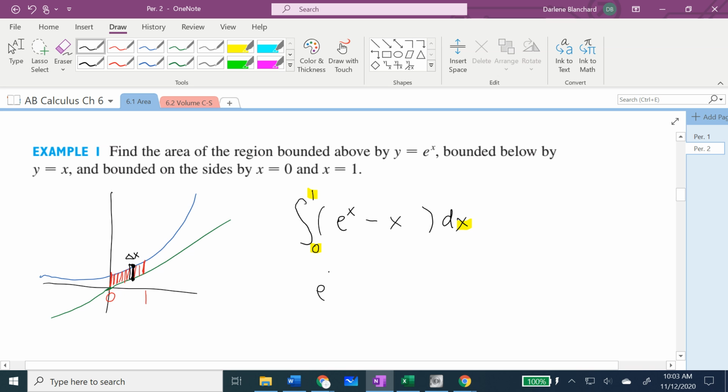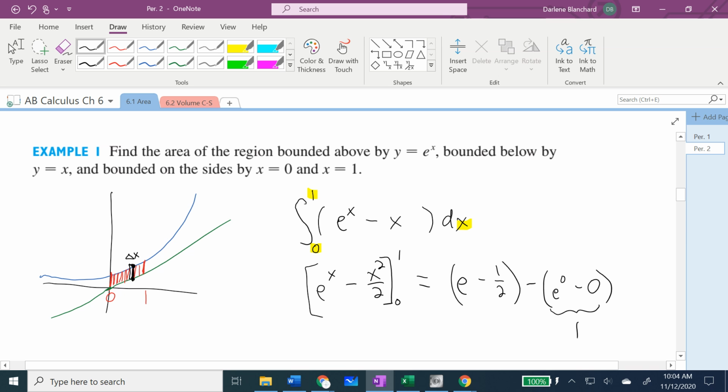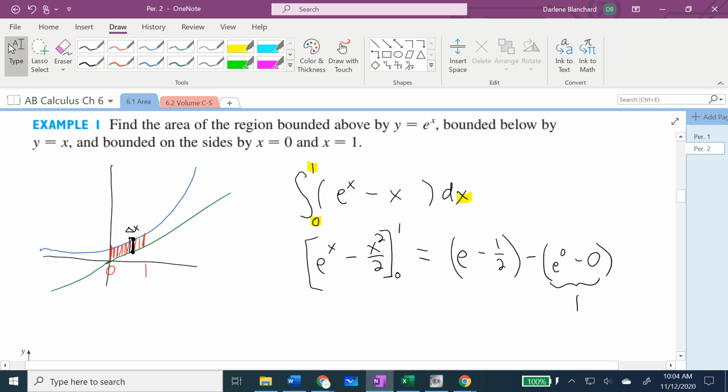So integrate e to the x, integrate x, plug in 1, plug in 0. e to the 0 is 1, so we end up getting e minus 3/2.